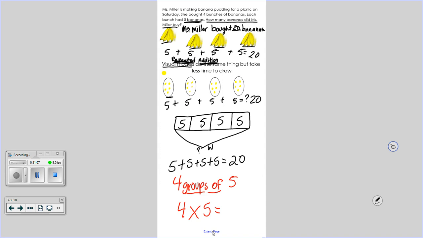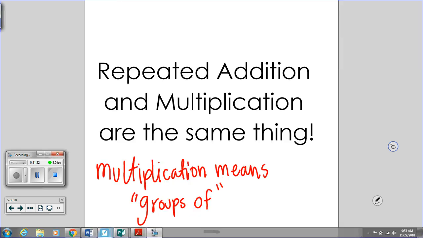If someone says something over and over again, it's probably important, and important things should be written down. Multiplication means groups of. 4 times 5 equals 20.